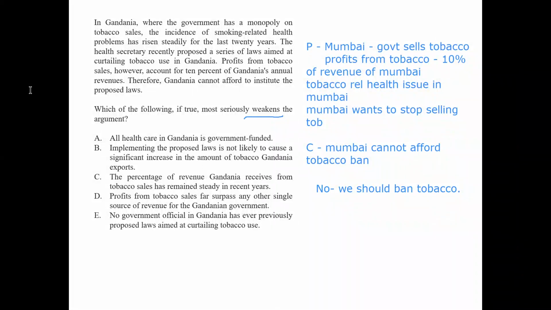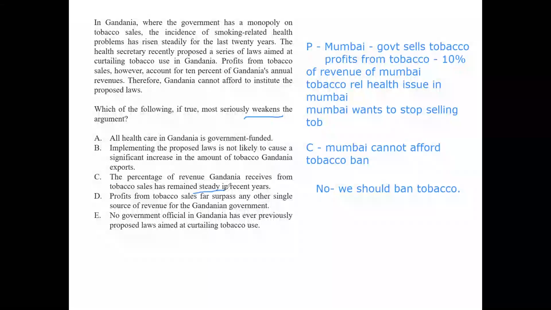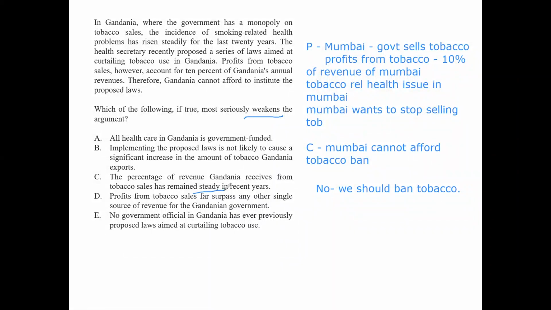So here answer C says that the percentage of revenue Mumbai receives from tobacco sales has remained steady. Okay, so steady means what? Previously 10%, now also 10%. If it were declining, I would have definitely mentioned that our profits are declining, so don't ban tobacco. But if it is steady, how can that be a point to say that you can ban tobacco?